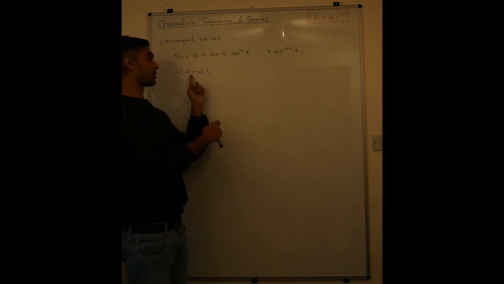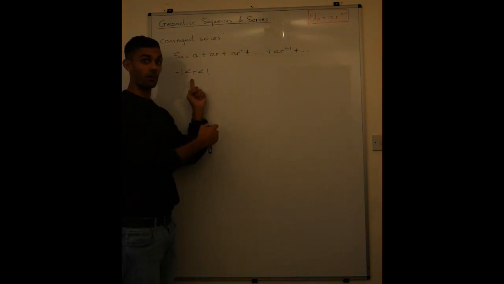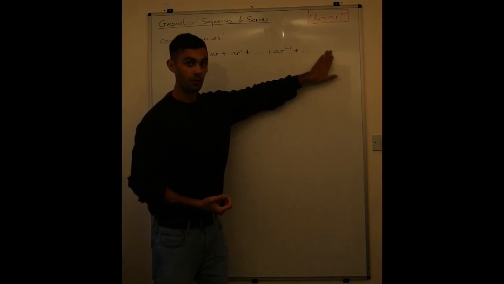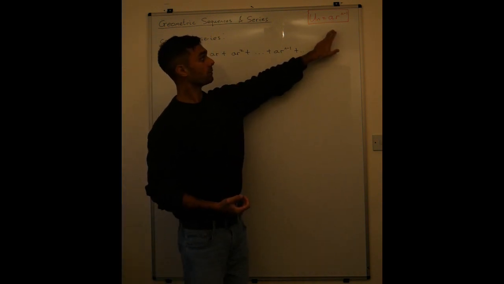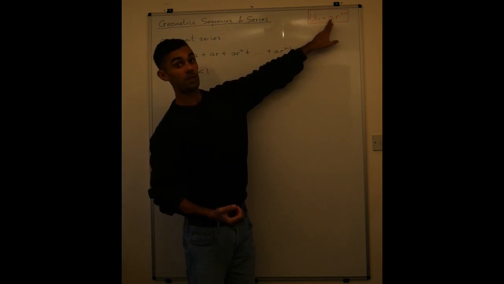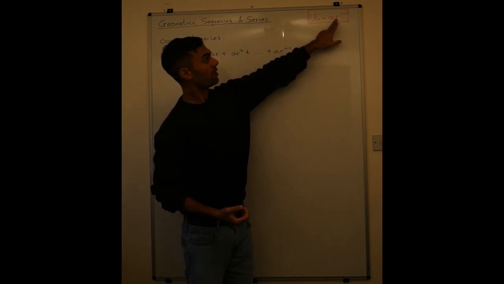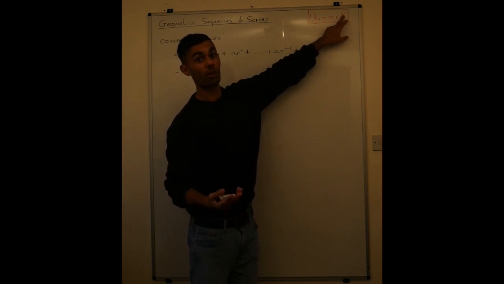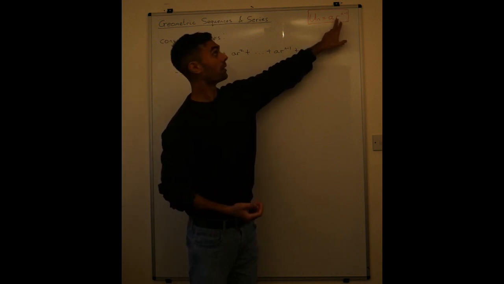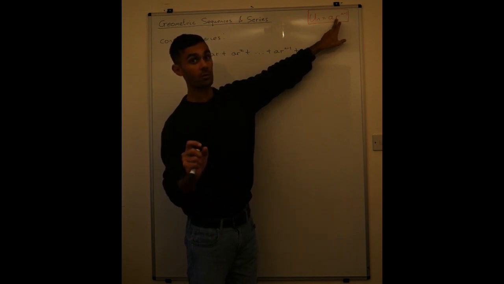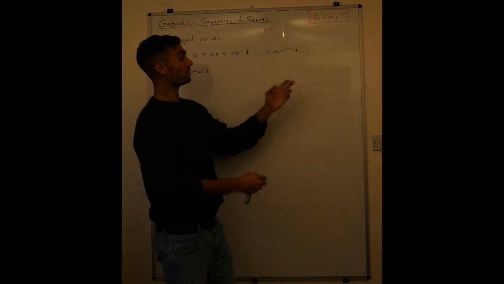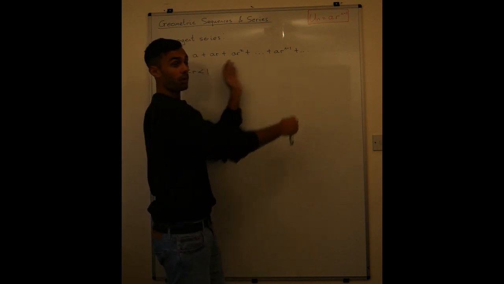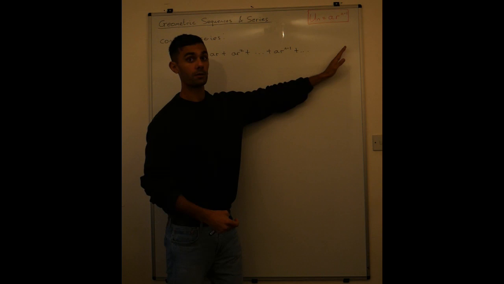And it makes sense, because if r is between minus 1 and 1, something like a half, then when you come to add on the 100th term and the 1000th term, which you work out using this formula, you're going to have a half to the power 99 or a half to the power 999, which is going to be very, very small. Consequently, it's not going to have much of an effect on the overall sum when you add these later terms.